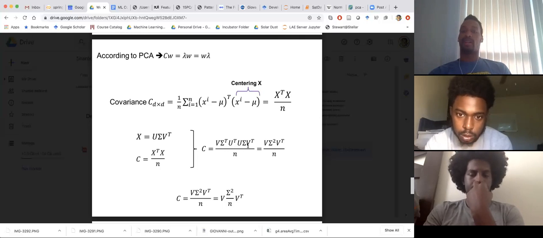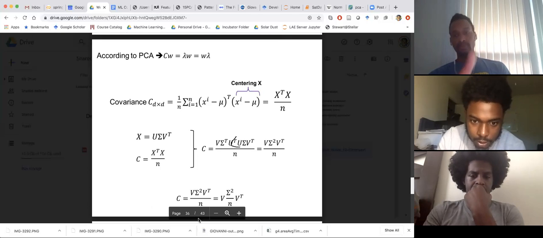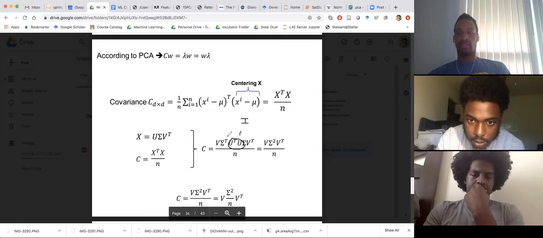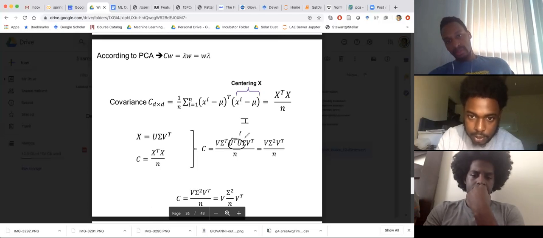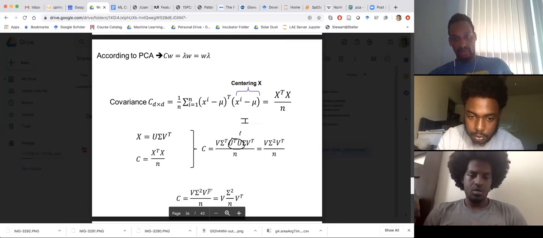And then this sigma transpose sigma, since it's a diagonal matrix, is just going to be sigma squared. Yeah. And then you're left with this thing here. Okay, so then basically we have V sigma squared V transpose. And then we go down here, V sigma squared V transpose over N. Yeah. And then I see. Thank you.